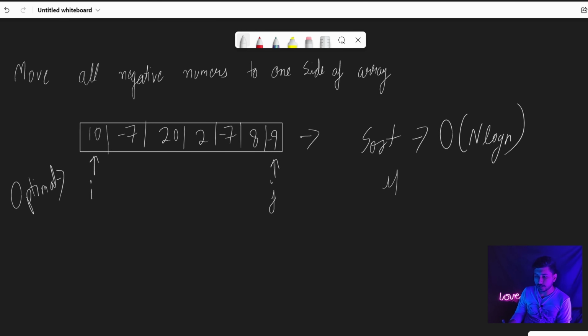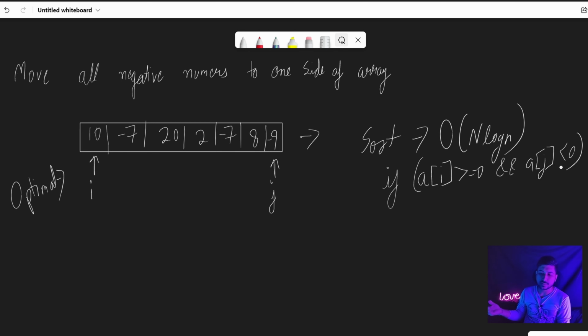First rule: if the element of I, that is array of I, is greater than or equal to 0, and the element of J is less than 0, meaning the jth element is negative and the ith element is positive, then what you have to do is swap the ith element with the jth element.